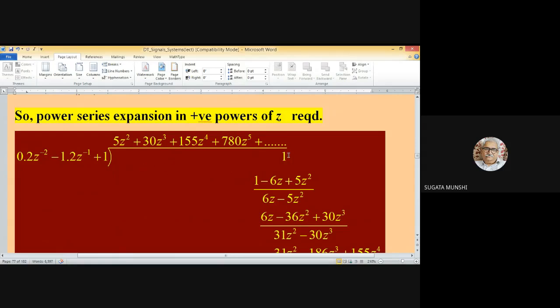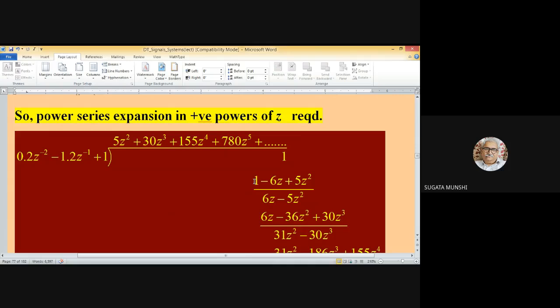To have 1, what should we multiply with 0.2 z to the power minus 2? 5 z square. 5 z square multiplied by 0.2 z to the power minus 2 will yield 1. So the first term is 5z square.